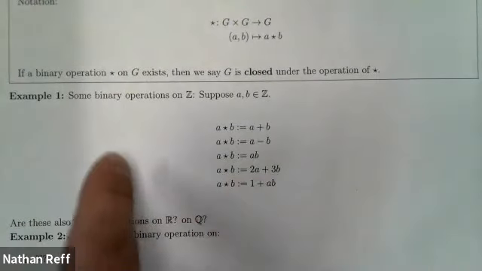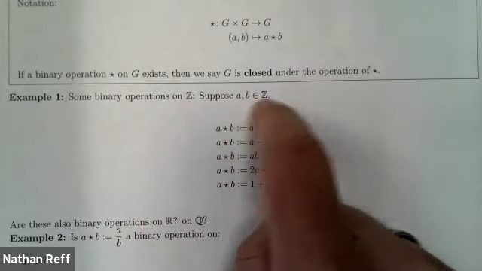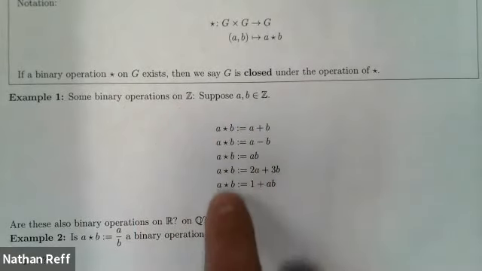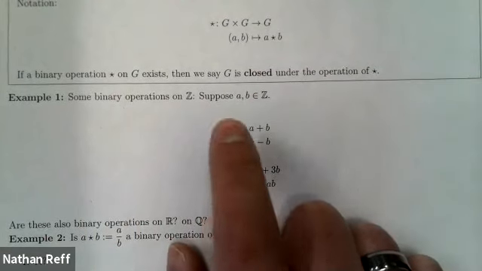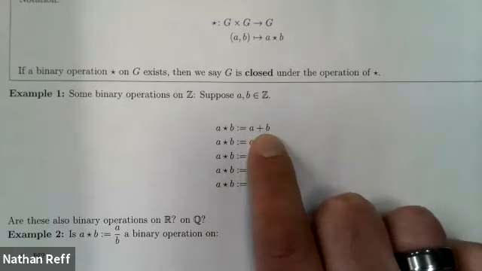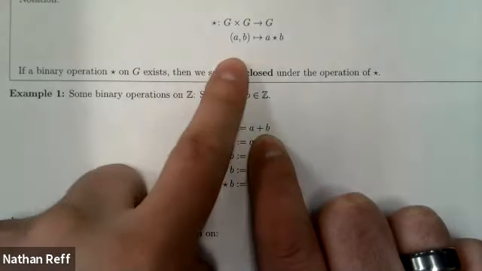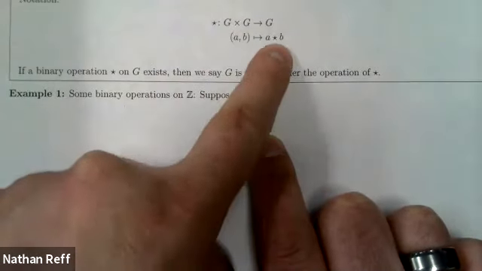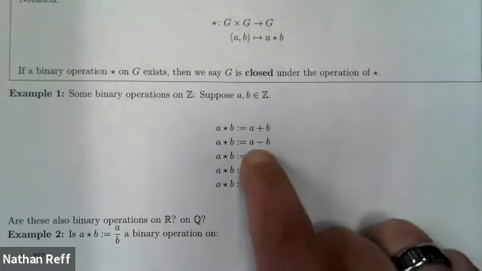Here are some binary operations on the integers. If you give me two integers, a and b, here are some ways that I could define my operation. If you add them together, do we agree that would be an integer? Yes, so that is a legitimate binary operation. Addition is a binary operation.